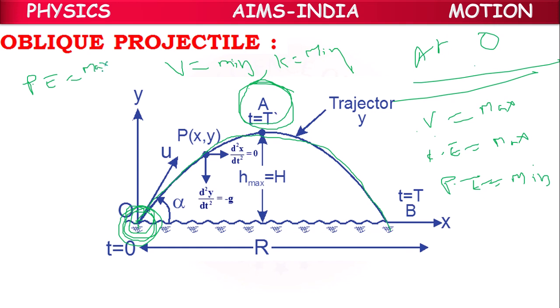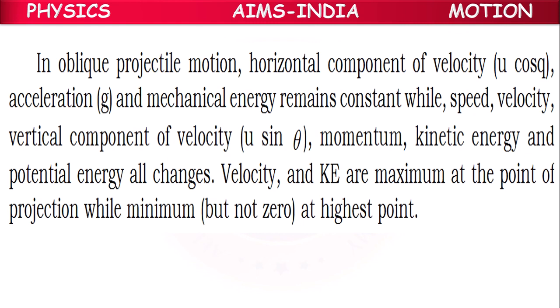So at the point of projection, velocity and kinetic energy are maximum and potential energy is minimum; at the highest point, velocity and kinetic energy are minimum, but not completely zero, and potential energy is maximum.